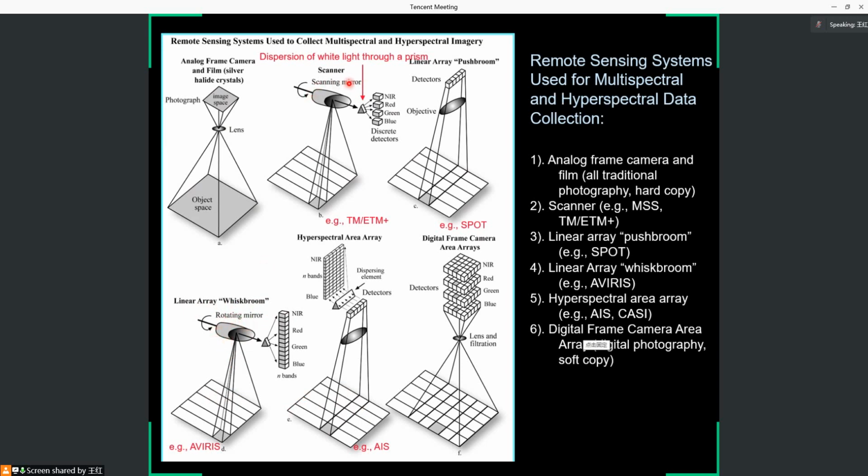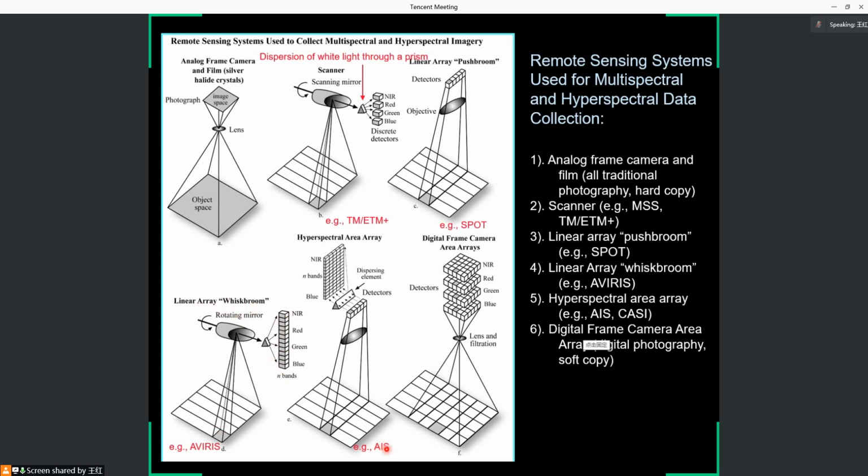This is a scanning mirror, and you can obtain n bands. This one has only 4 bands with a discrete detector, but AVIRIS has many bands, more than 100, using a linear whisk broom.